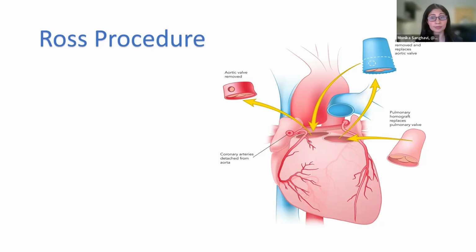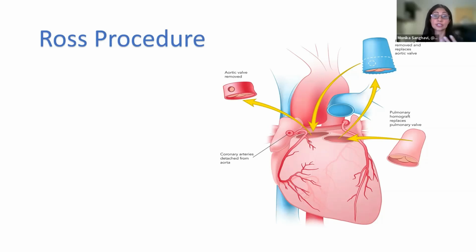However, this Ross procedure is really good for young patients who need to get a valve replacement. And you're basically just swapping. The diseased valve is removed, another valve from your body is put in the aortic position, and you're getting a graft from another human to replace in one of the other positions.